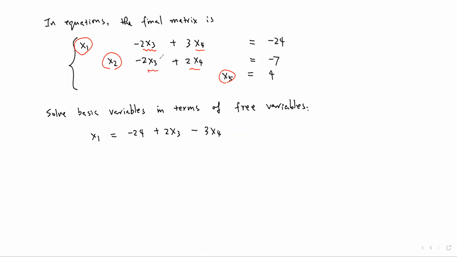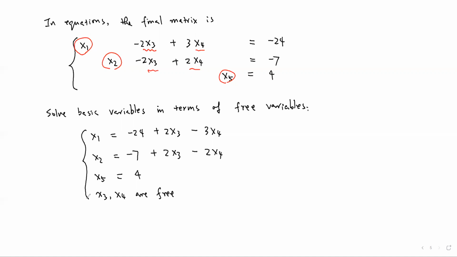Second equation, let me move x3 and x4 to the right side. x2 is 7 plus 2x3 minus 2x4. Now that equation, no free variable, that equation is x5 equals 4. Yeah. These are all the solutions of the original linear system, where x3, x4 are free.